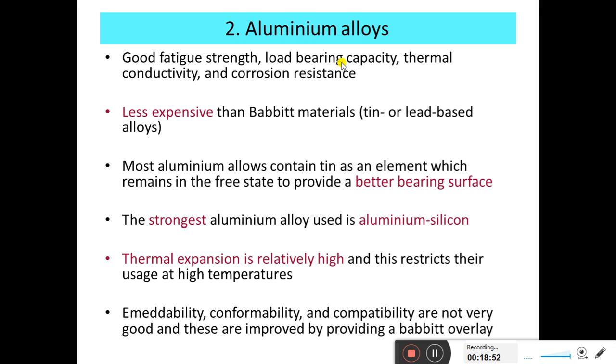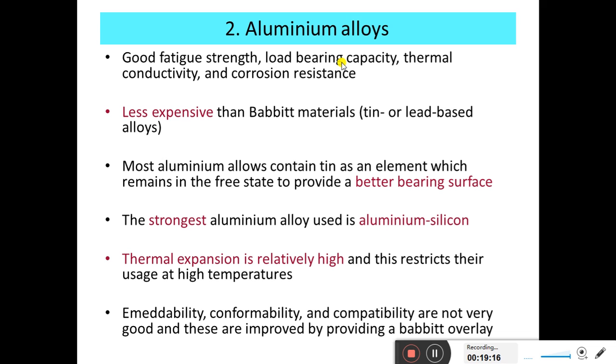Load bearing capacity is also high, and of course aluminium will conduct heat, so thermal conductivity is high, and basically it is a corrosion resistant material. They are also less expensive because they are easily available. When compared to the Babbitt metals, they are less expensive. Most aluminium alloys contain elements which remain in a free state, which is better for bearing surfaces. The density is also very low compared to the previous one.